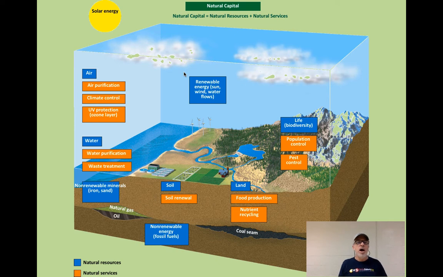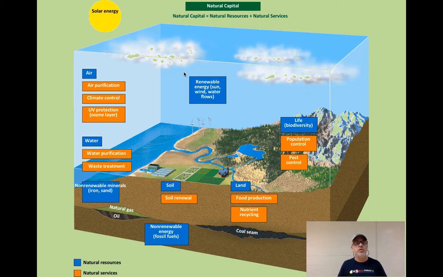And so a natural resource is the air, and a service is that the air provides climate control, and I would even say climate creation. The atmosphere provides UV protection, the ozone layer, for example. The atmosphere provides purification of pollutants out of the air.